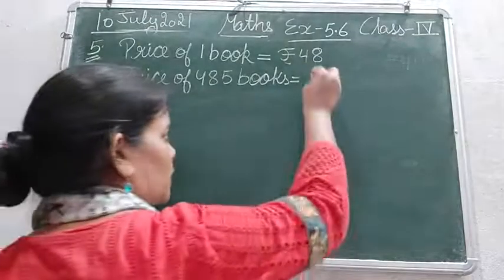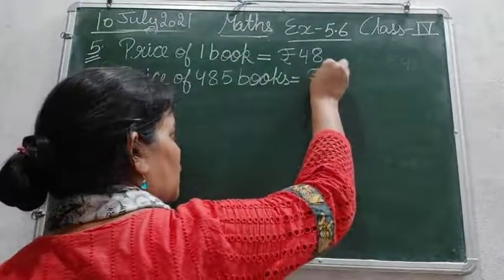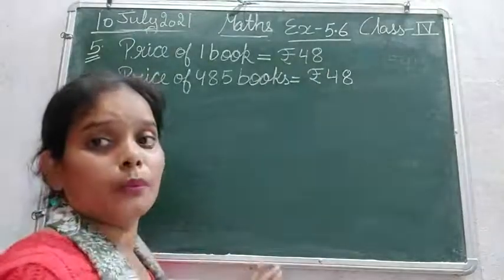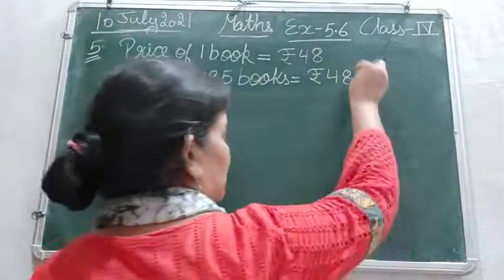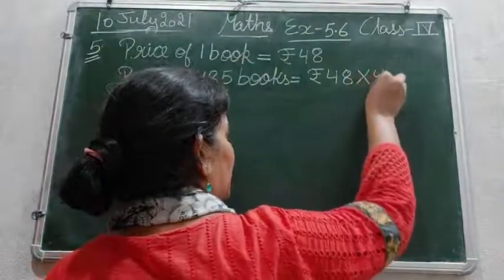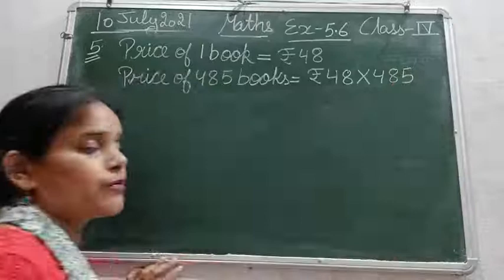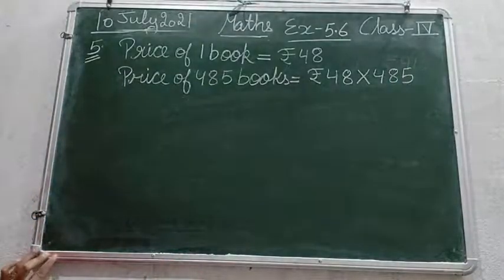So for this we are going to multiply the cost of one book, that is rupees 48, with the number of books, that is 485. So cost of one book is given, 485 books की निकालनी है. So let's find out.